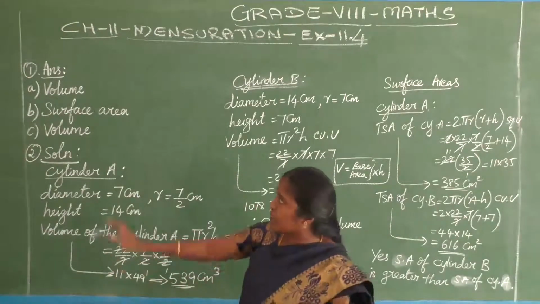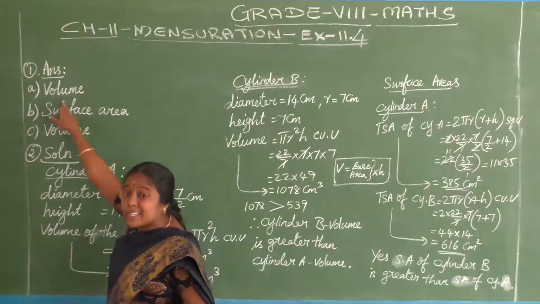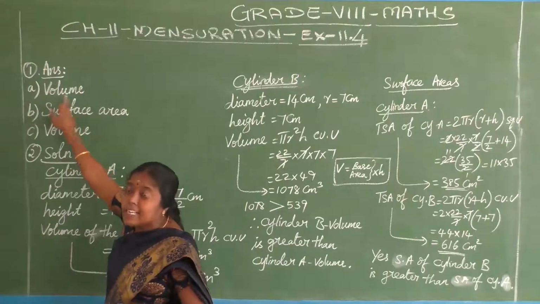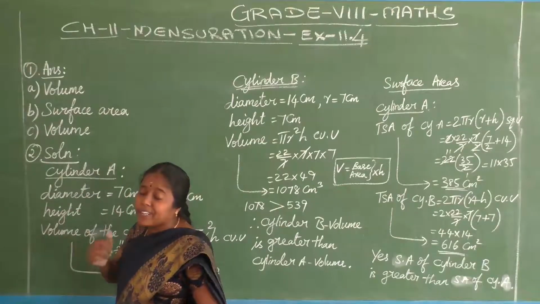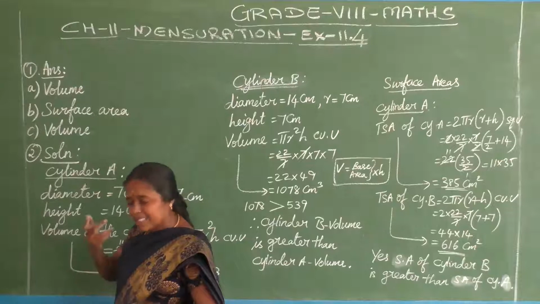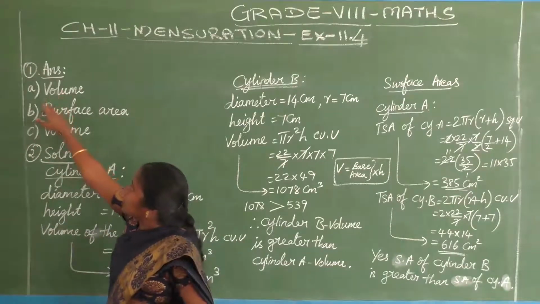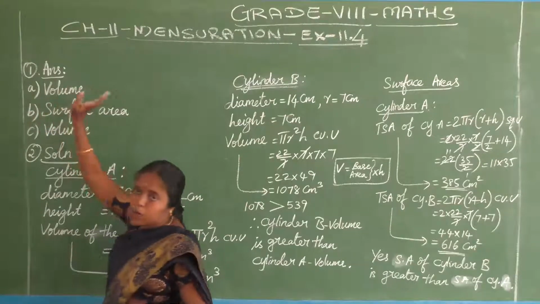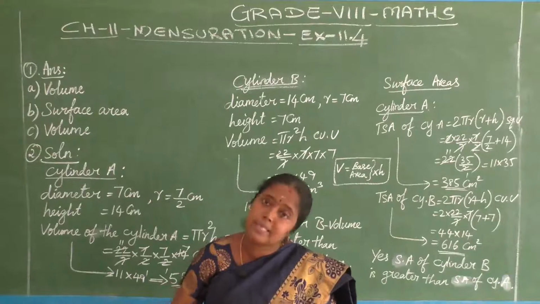So for finding the capacity of the cylindrical tank, which will we choose, the volume of the cylinder or the surface area of the cylinder? Definitely the volume of the cylinder only. So the first question's answer is volume.